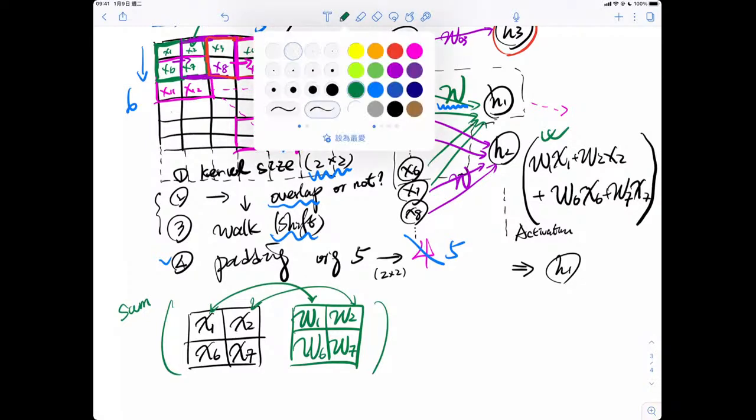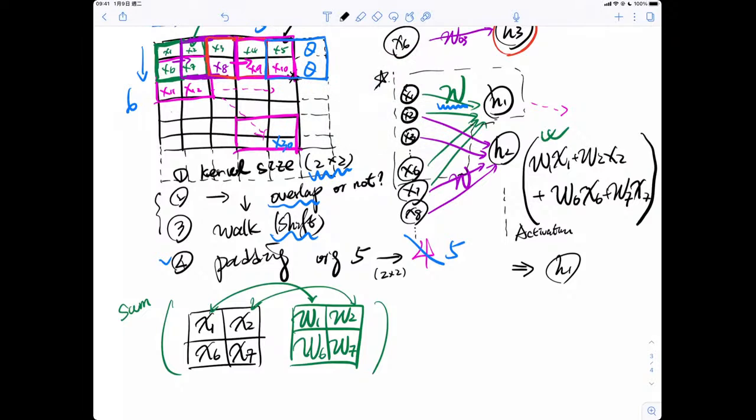For example, say it is an image. The image looks like this. We assume the image is a black and white image. So here is a black pixel, and here is a black pixel, and the rest, x2 and x7, are white pixels.